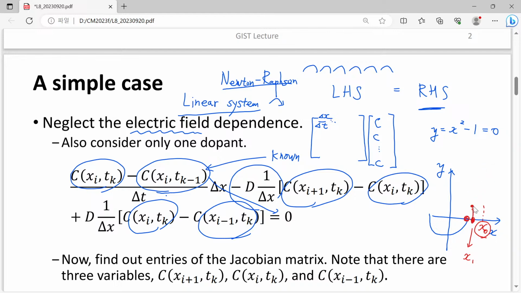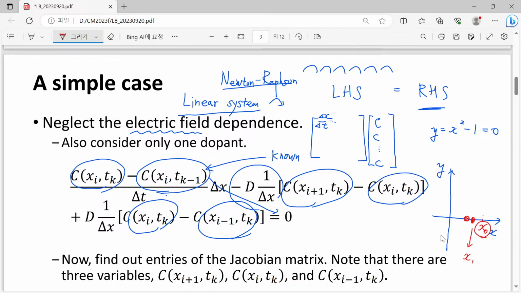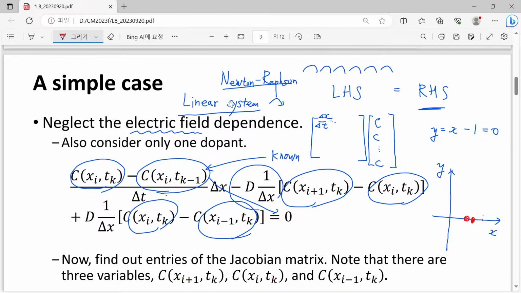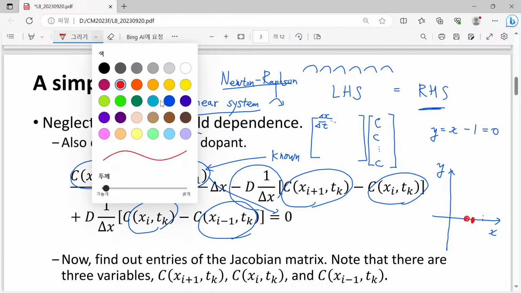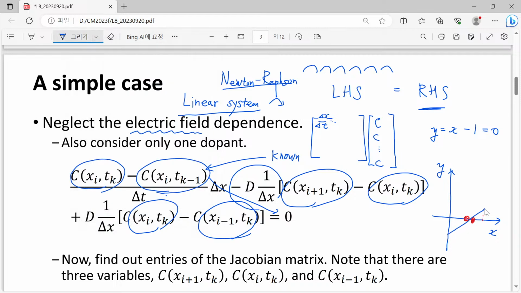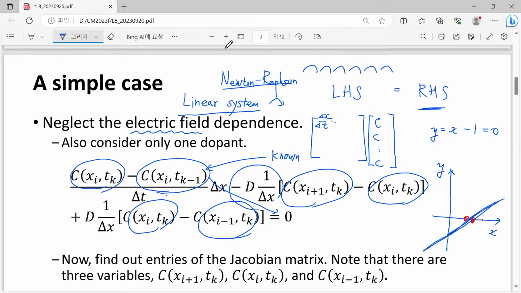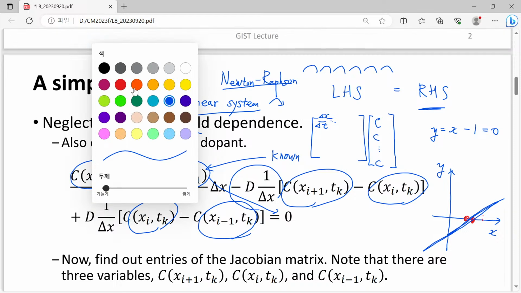But instead of that, let's think about another case. Instead of this nonlinear equation, let's say that our equation itself is perfectly linear: x minus 1 equals 0. How does it look? It just looks like a straight line. Now let's say that we are a little bit off from the real solution.